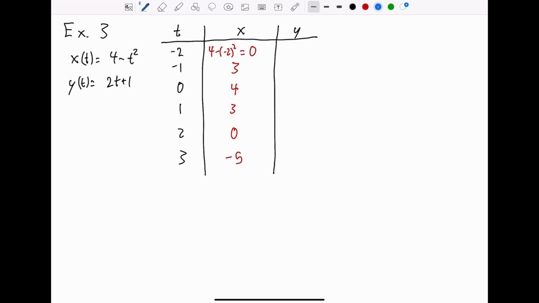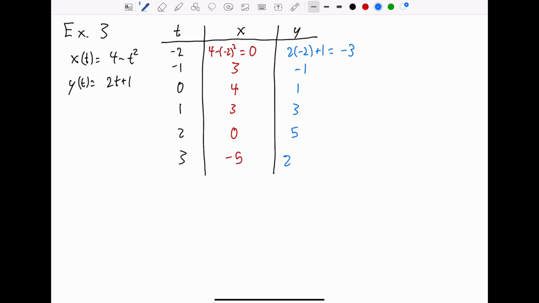So first of all, y equals 2t plus 1, so we plug in -2 for t. So we have 2 times -2 plus 1. 2 times -2 is -4 plus 1 is -3. Then 2 times -1, that's -2, plus 1, we have -1. 2 times 0 is 0, plus 1. 2 times 1 plus 1 is 3. 2 times 2, 4, plus 1, we have 5.